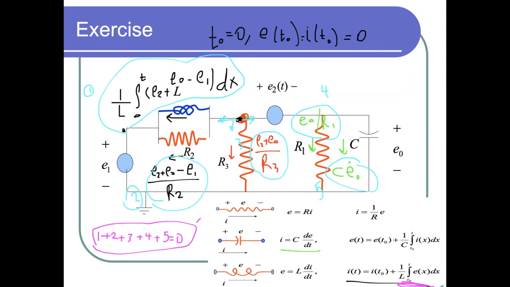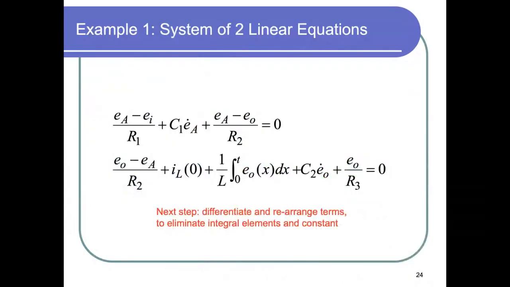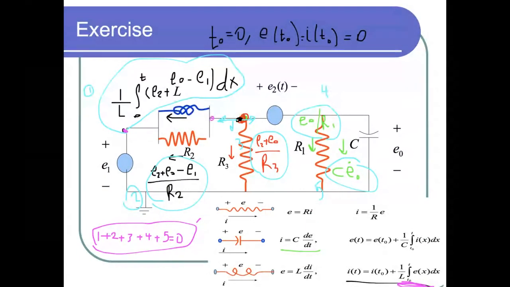Okay, but E1 is here, and you need to go to the ground. So the voltage across the inductor is really this one minus this one, right? You need the difference between the two.